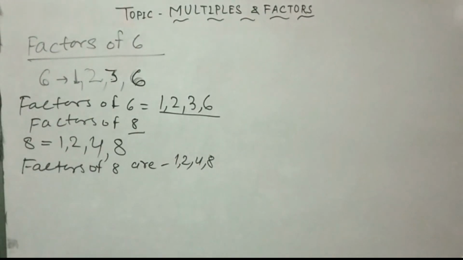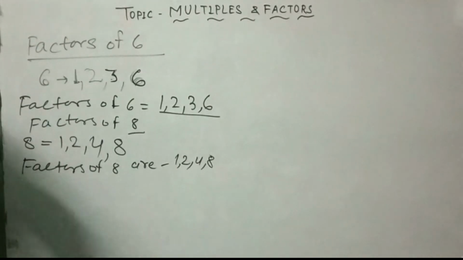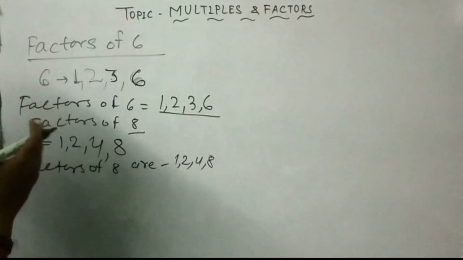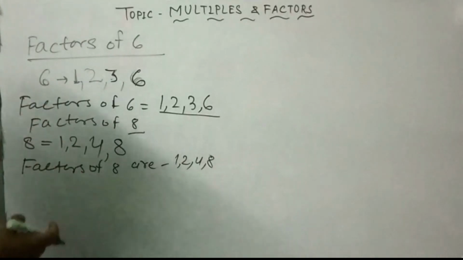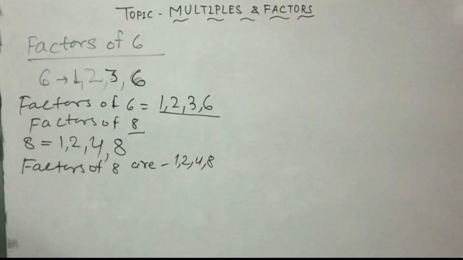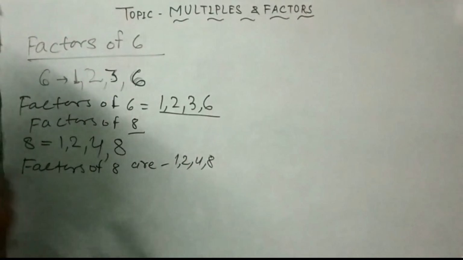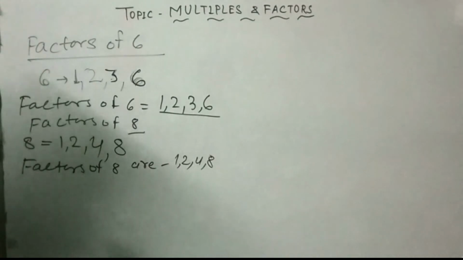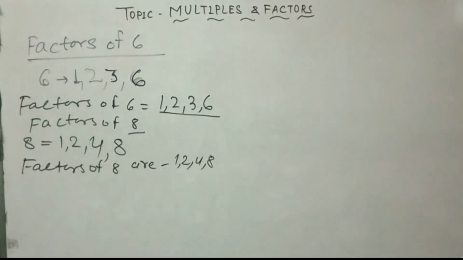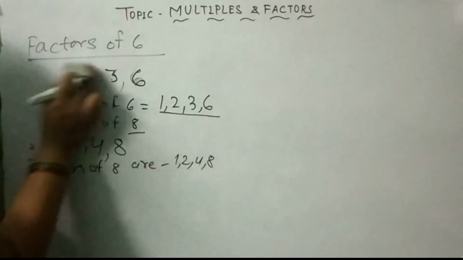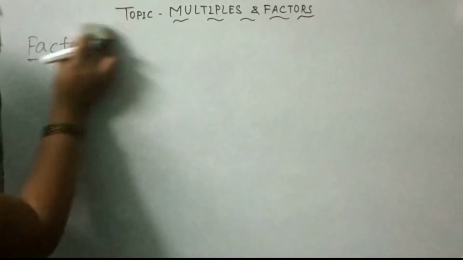In the same way we will write the factors. Students, here a single number is given and we are finding the factors. And if I ask for the common factors, two numbers will be given, and you have to find the factors of each given number separately. After that we have to see which are the common factors in both numbers, and then write the highest common factor.